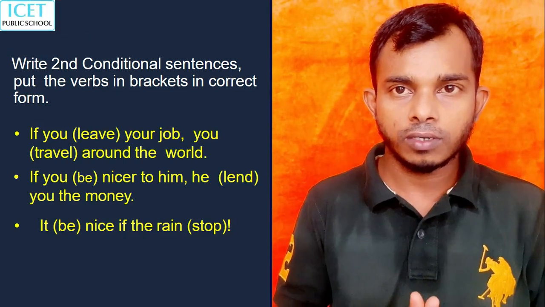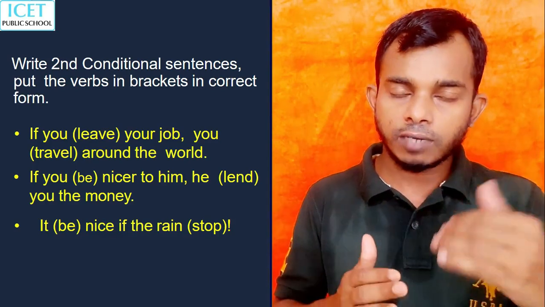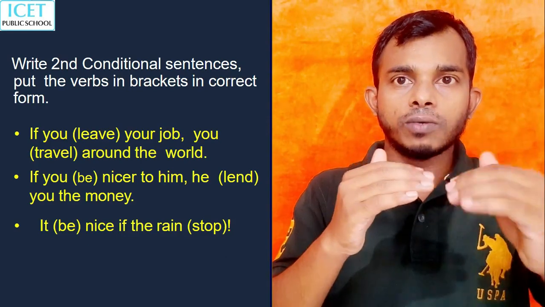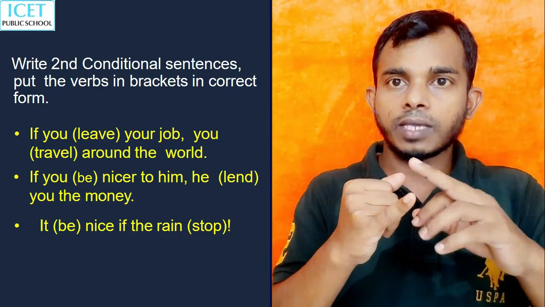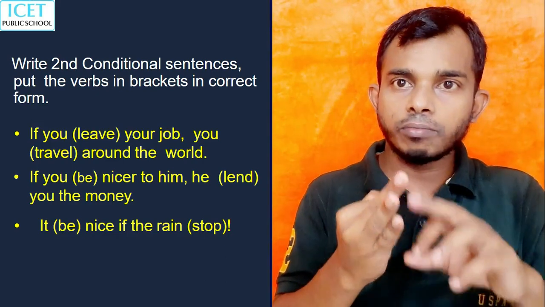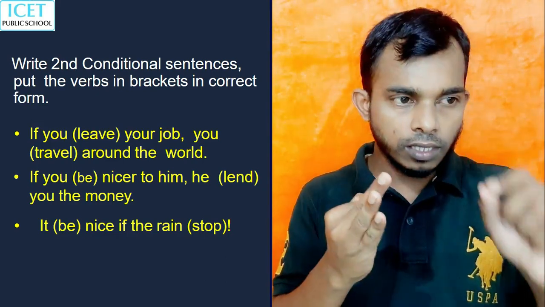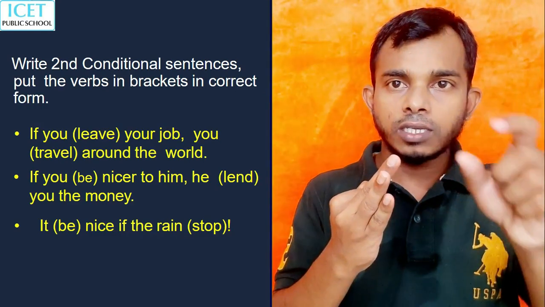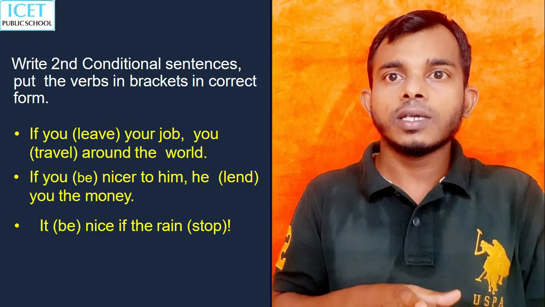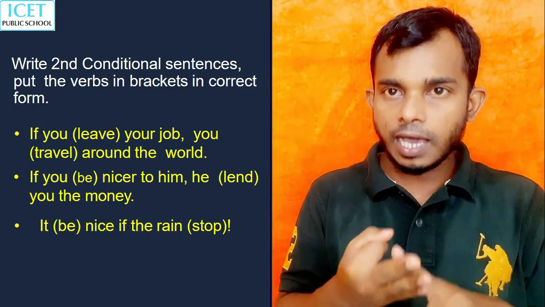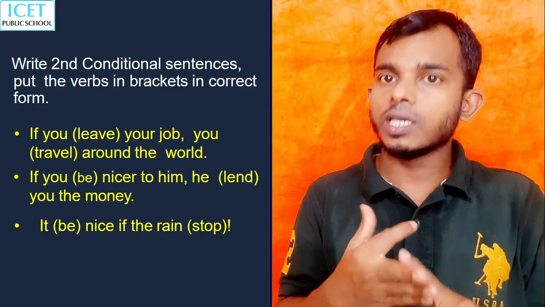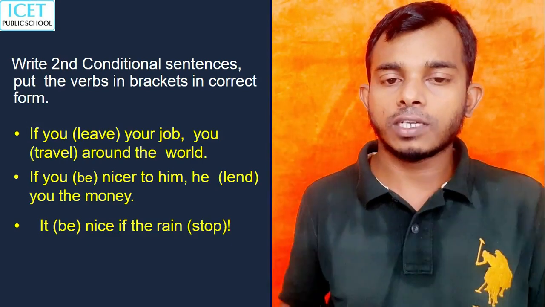In the present, be becomes am, are, is. The single name for all of these verbs is be. So if it is written be in brackets, it may be am, is, are, was, were, being, or been, any form of that verb.